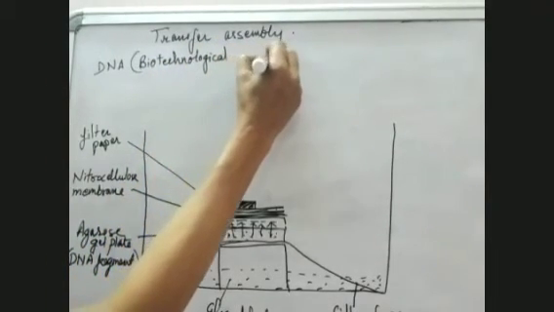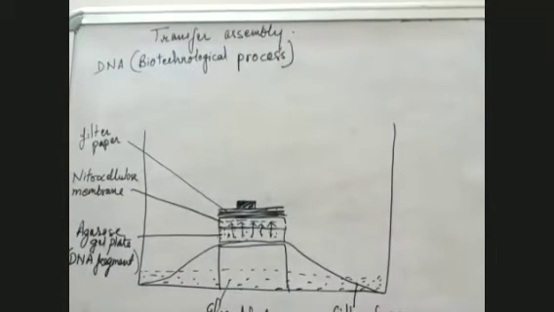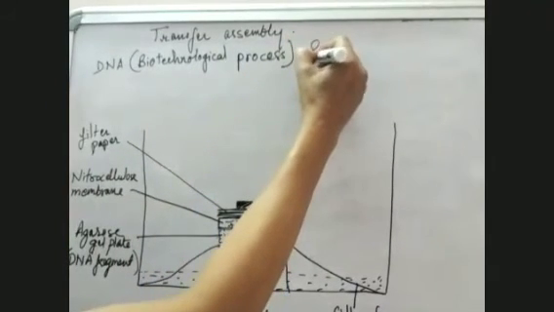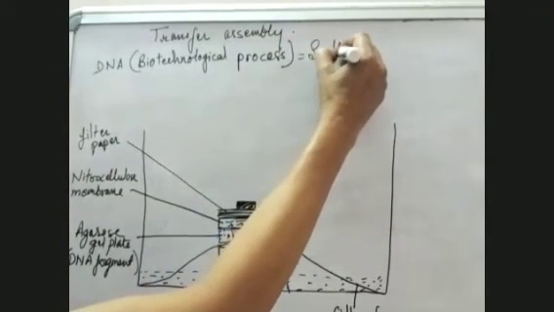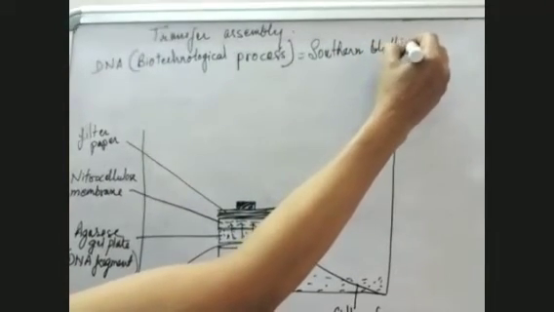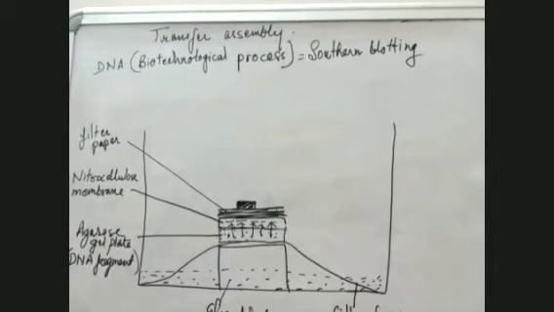If this biotechnological process is done in the case of DNA, we call it Southern blotting. When it is done in the case of DNA, we call it Southern blotting.